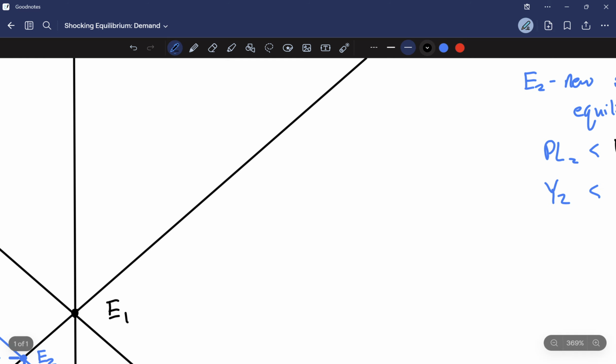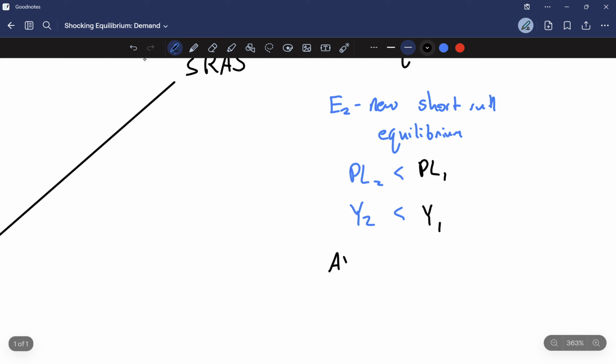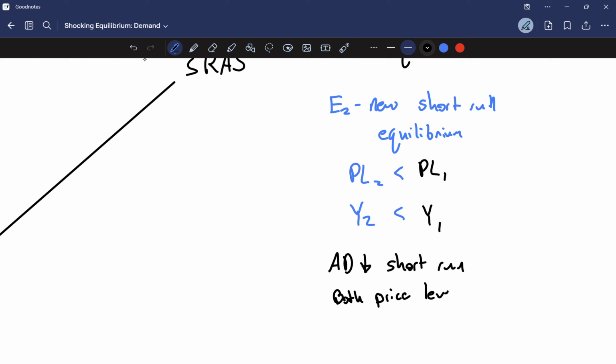So when aggregate demand decreases in the short run, both price level and output decrease as well.